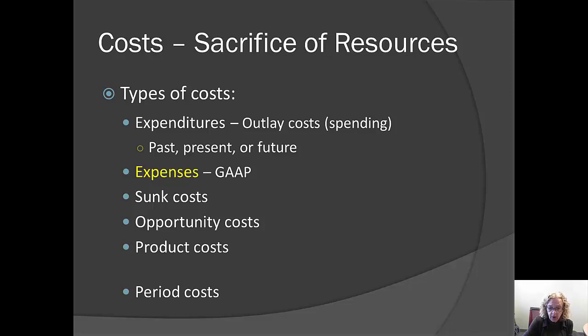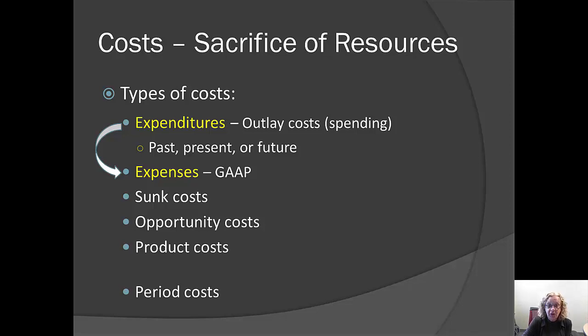This is very important when it comes to computing income, but it means that the timing of when we recognize an expenditure, paying for something, and when we recognize an expense on the income statement may be significantly different.